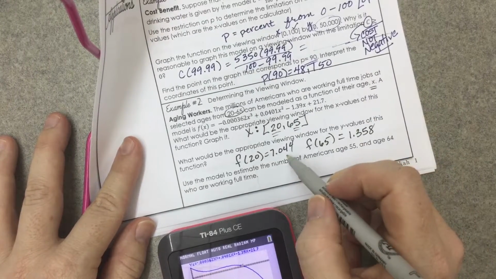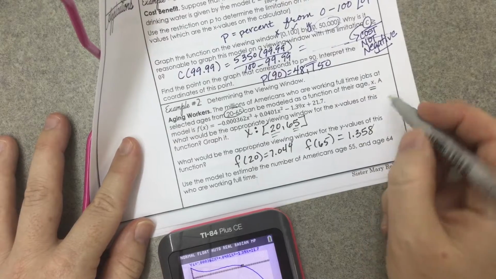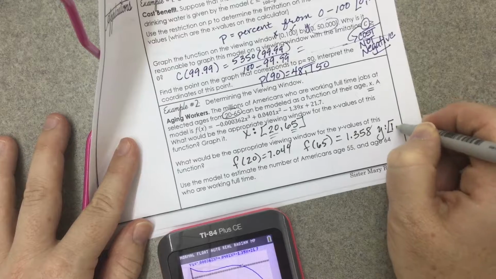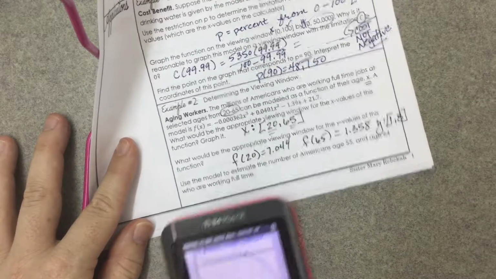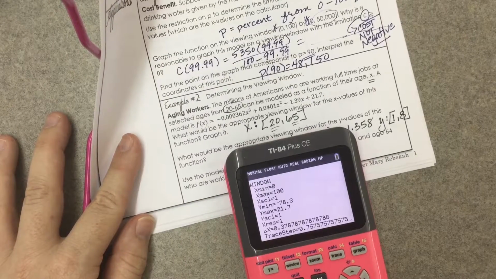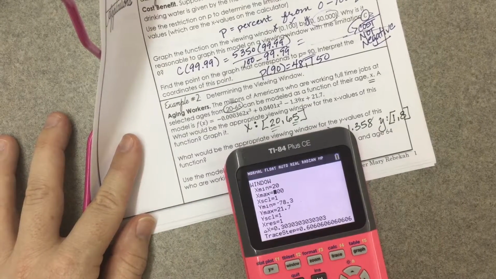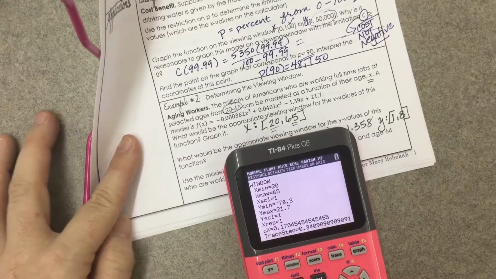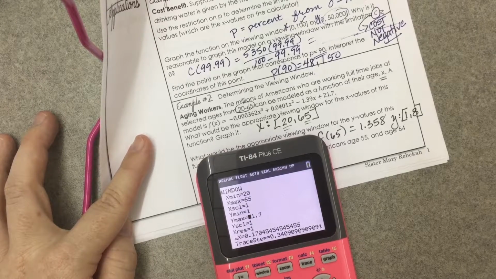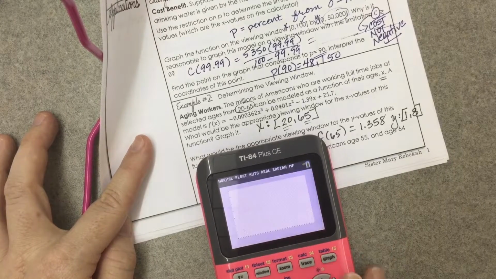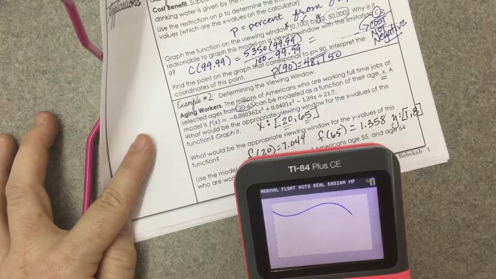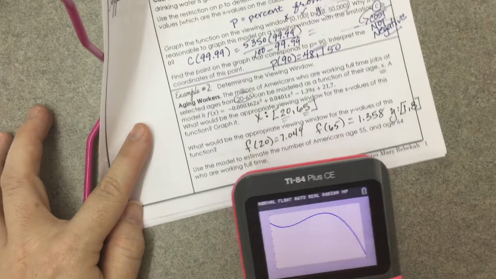So that I can include both of these numbers, I'm going to let my Y window restriction go from 1 to 8. All right, let's adjust our window. Hit window. We want our X min to be 20, our X max to be 65, our Y min to be 1, and our Y max to be 8. All right, now let's look at the model. This is the portion of the graph that we need for our particular purposes.